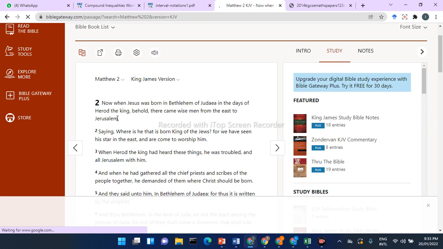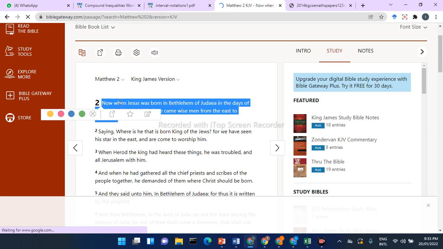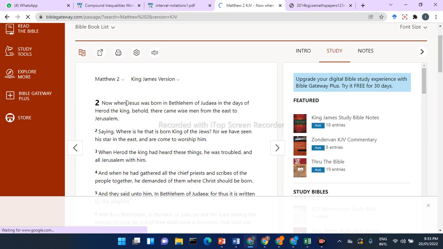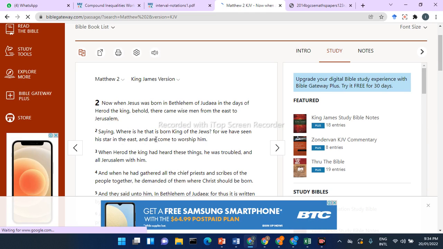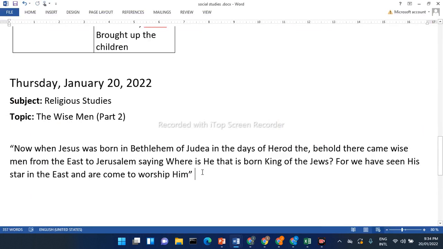So Matthew chapter 2, beginning at verse 1, it says, now when Jesus was born in Bethlehem of Judea in the days of Herod, behold, there came wise men from the east to Jerusalem, saying, where is he that is born King of the Jews? For we have seen his star in the east, and are come to worship him. So this is Matthew chapter 2, verses 1 and 2.